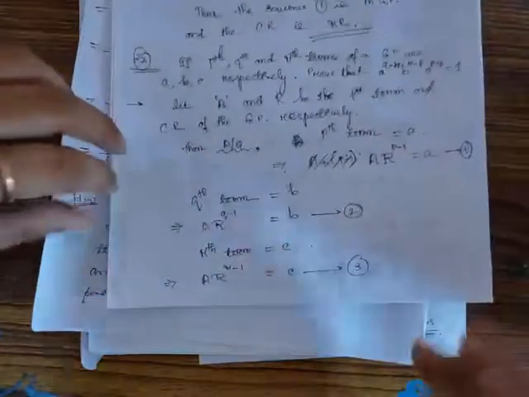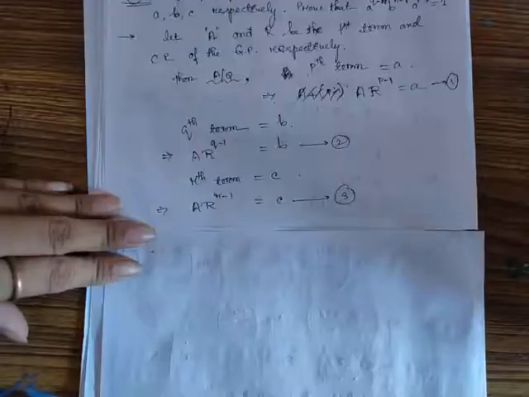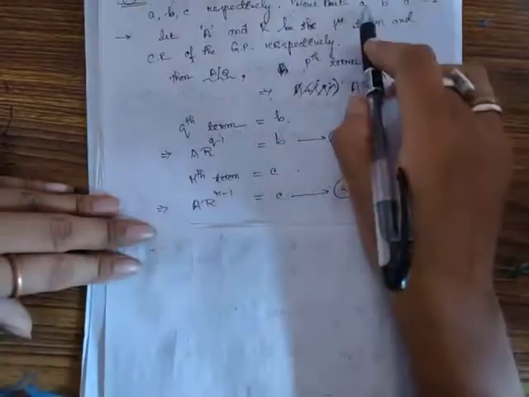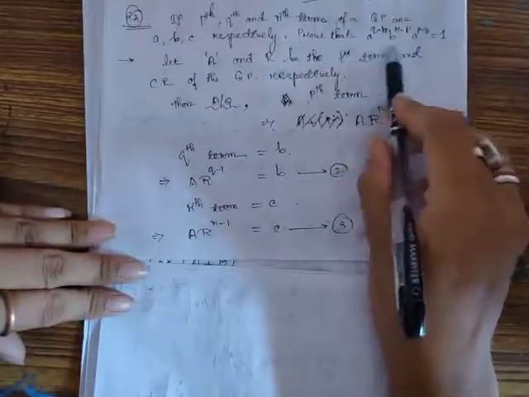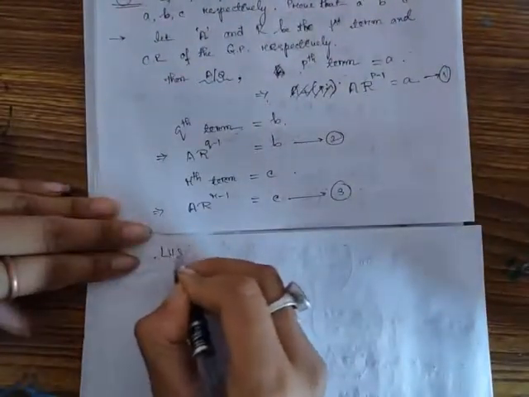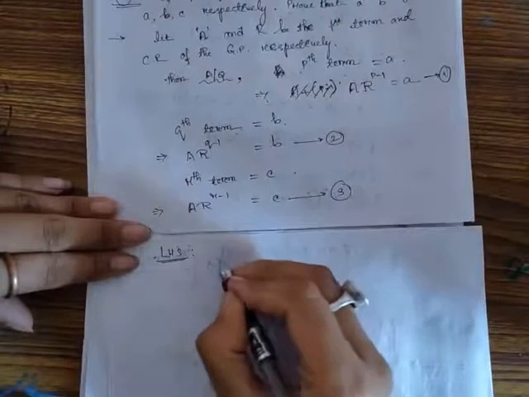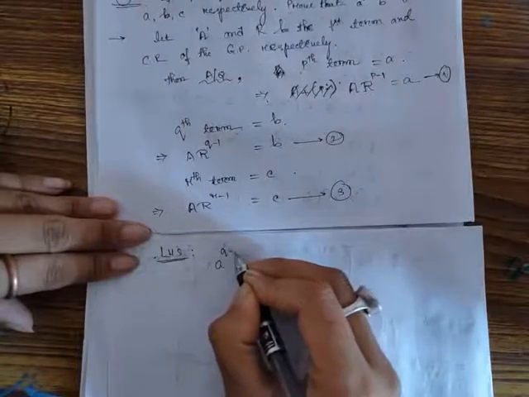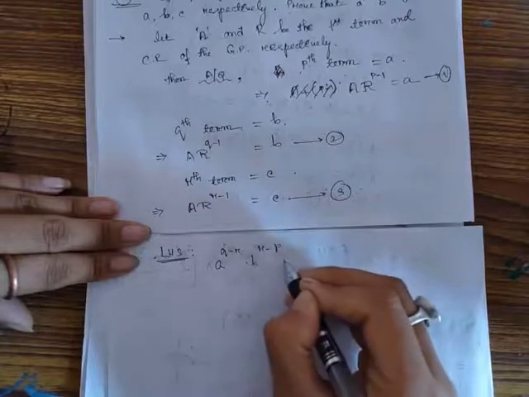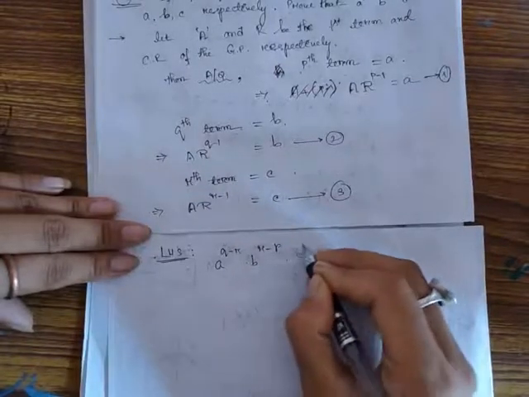So now what do we need? We need to prove this. So what we'll do, we'll take left hand side equal to right hand side. We'll do the left hand side. We have a to the power q minus r into b to the power r minus p into c to the power p minus q.